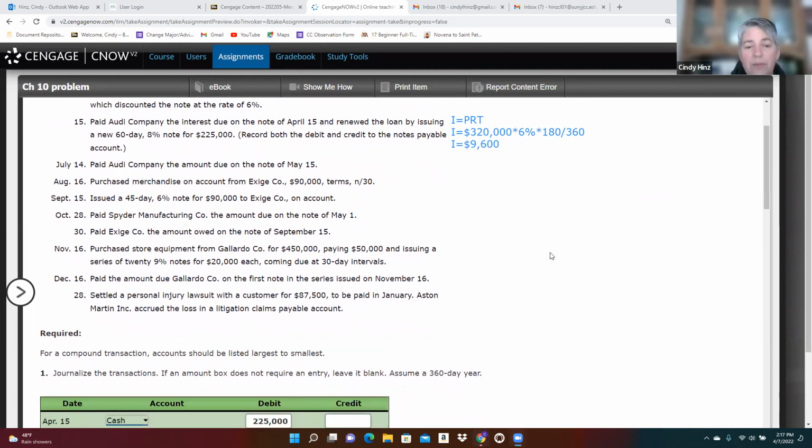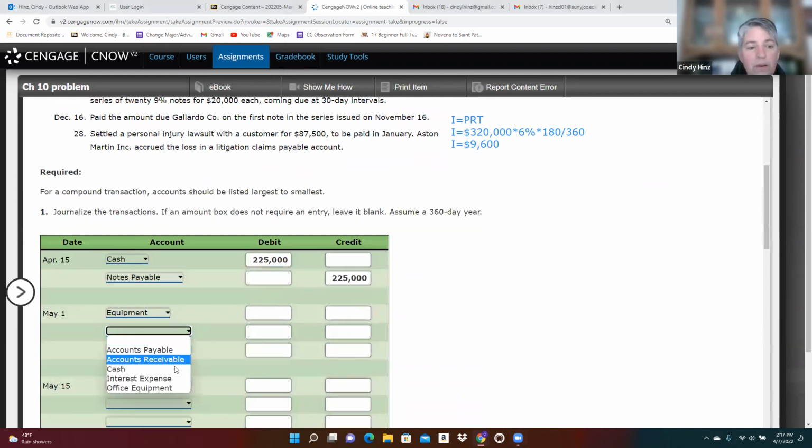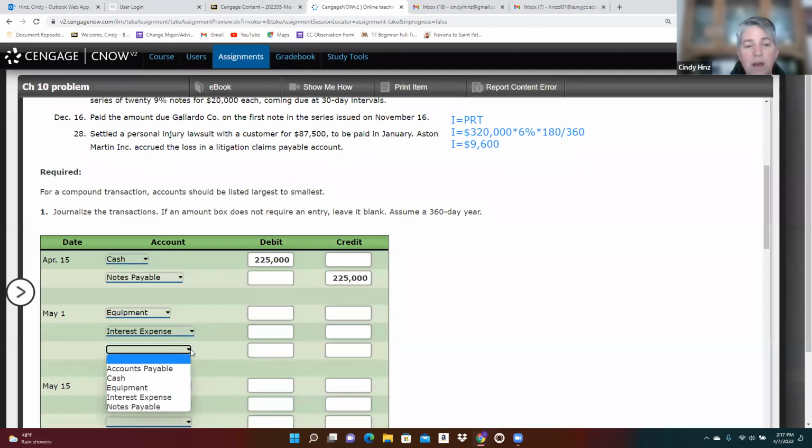And so when we discount the note, we are reporting the interest expense up front, and then the amount we pay back is the full face value. So the interest expense is $9,600, and the value of the equipment then would be not the full $320,000, but instead we subtract the interest expense from that, and report the interest expense at the same time that we make that note.